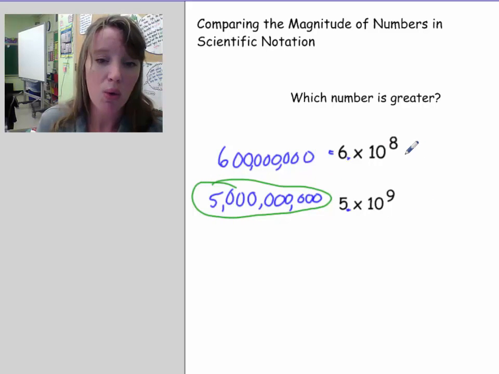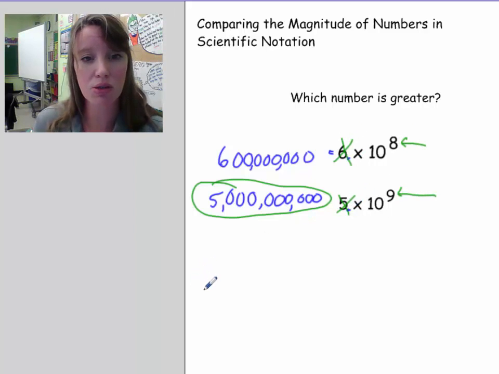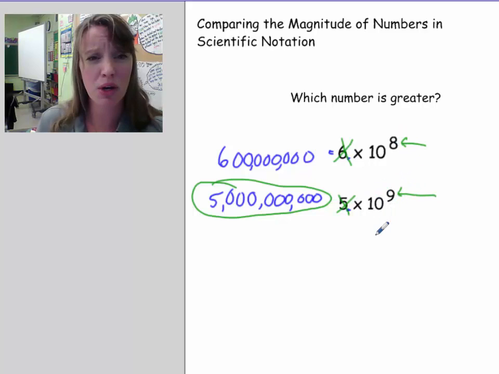So of course we know that 5 billion is more than 600 million. Well, if we look at the powers of 10, we can actually just determine which number is greater, and that's why we look at the exponents in this case. Without even looking at the coefficients, the first thing you're going to do to compare numbers in scientific notation is look at the orders of magnitude. The orders of magnitude tell you the neighborhood that the number is in, right?